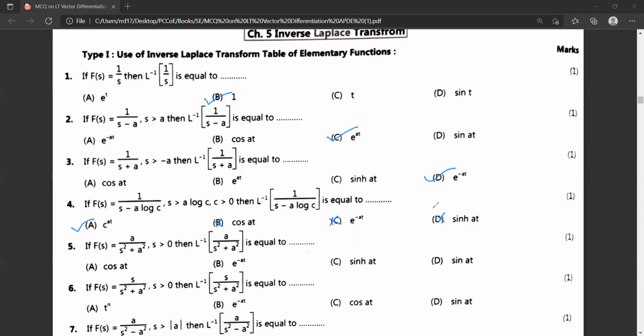Whenever you are going to apply this method, if you are not sure about the answer, आप उल्टा भी कर सकते हो. Like I told you before, if we have the Laplace transform of f of t, a function in terms of t, we get a function in terms of s. This is called the Laplace transform.